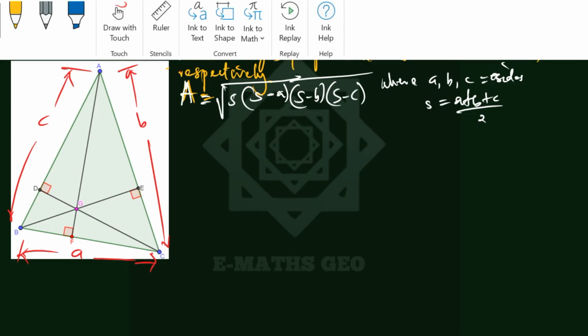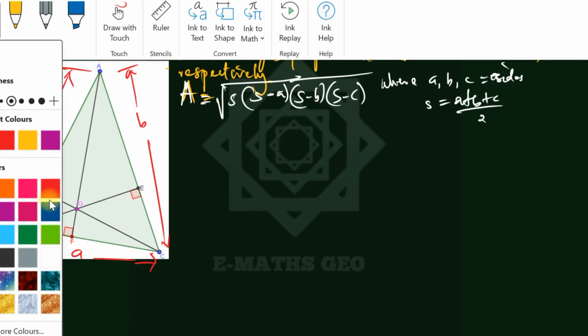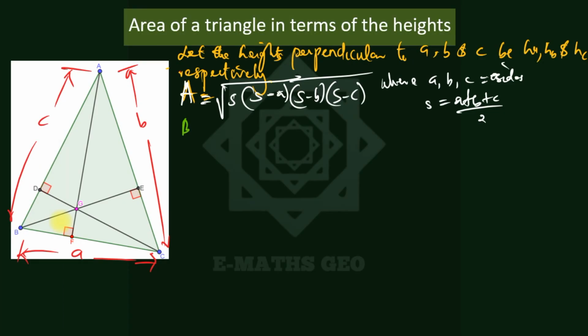But we also know that the area of a triangle is half base times height. If I'm using A as the base, the height is HA. If I'm using B as my base, then HB, half CHC.